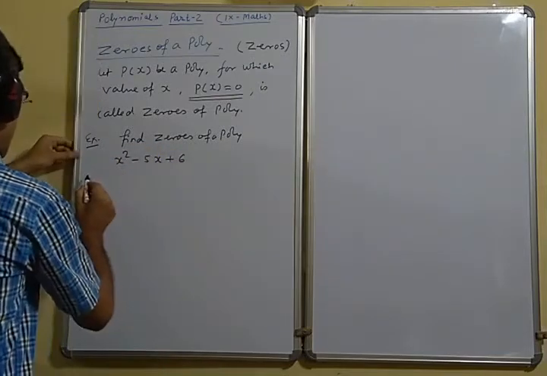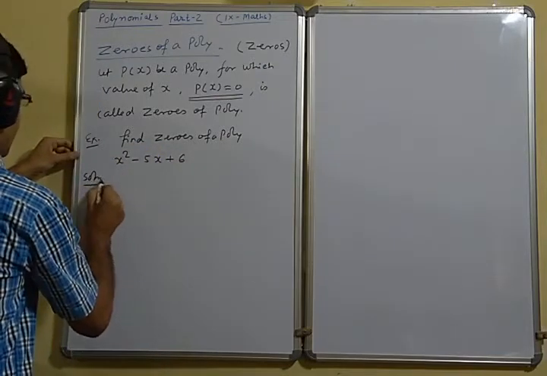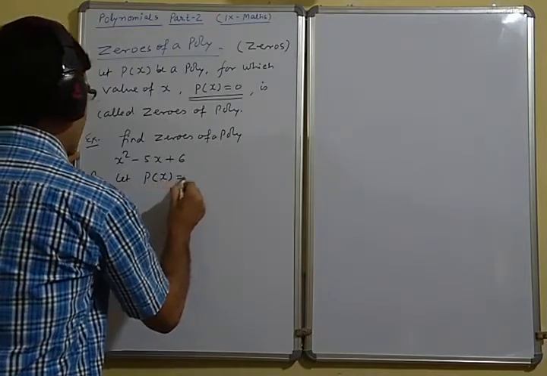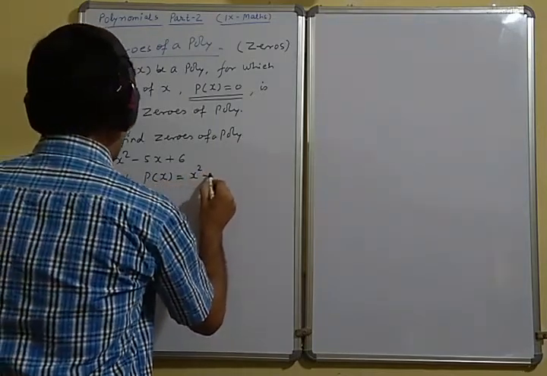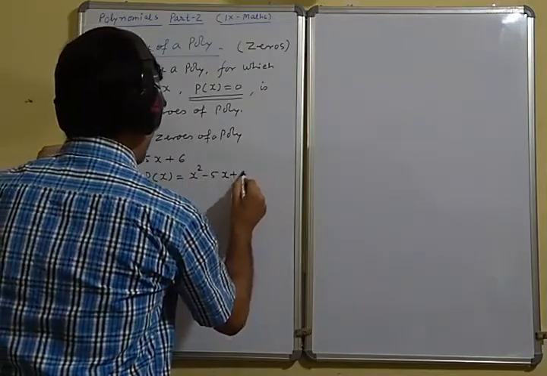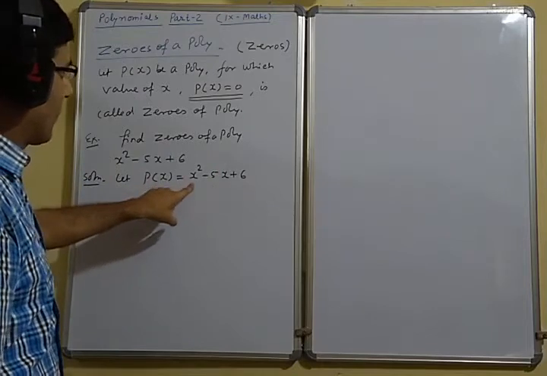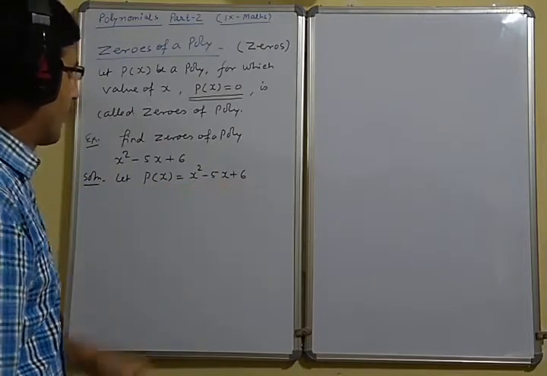Now let us see the solution. The polynomial is x squared minus 5x plus 6.